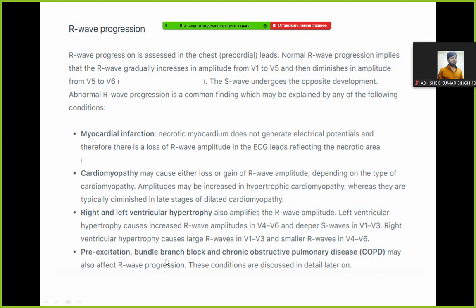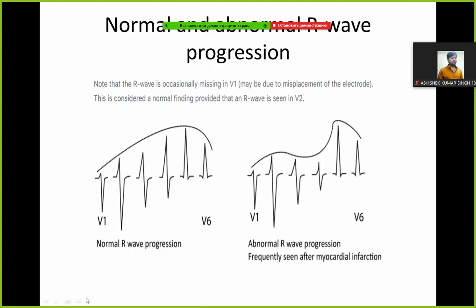Pre-excitation, bundle branch block and chronic obstructive pulmonary disease may also affect R wave progression. This picture illustrates normal R wave progression and abnormal R wave progression, R wave loss in case of myocardial infarction.